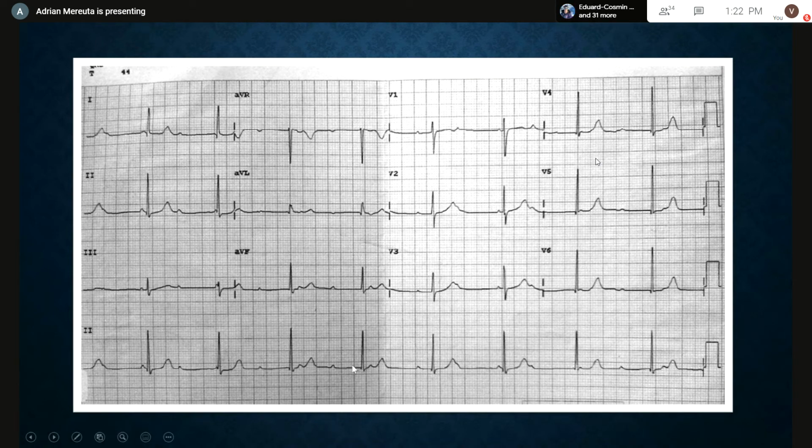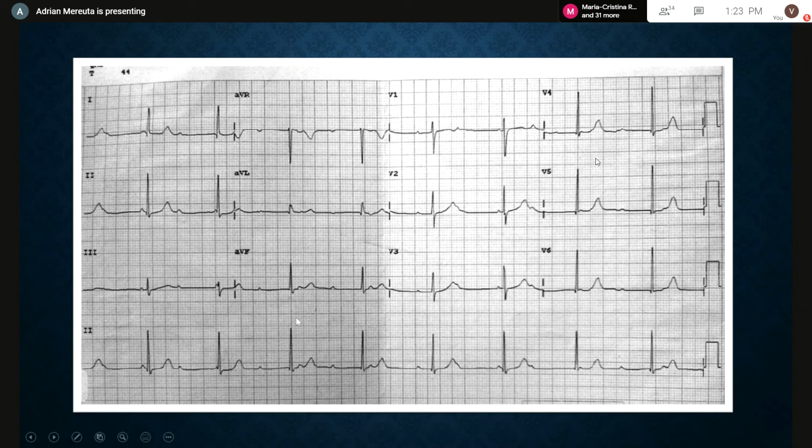That means it's a total AV block. Still, the complex is narrow. This kind appears mainly when the escape rhythm is from the junction, from the atrioventricular node, in the lower part of the atrioventricular node, mainly in the congenital total AV block.